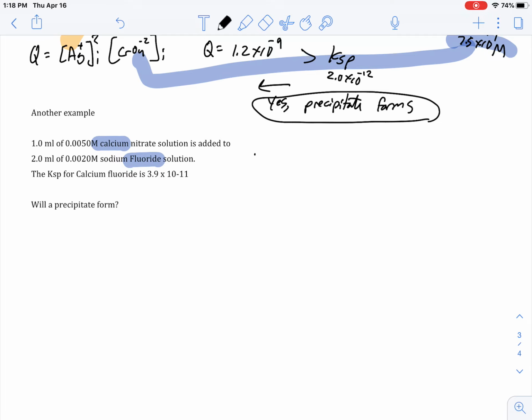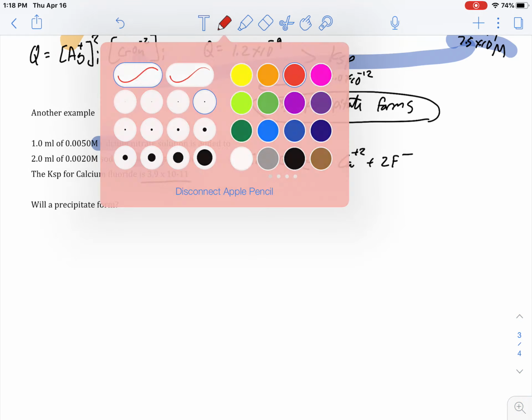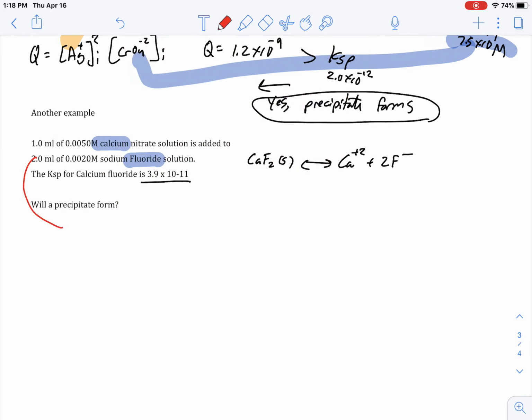So our equation will be the solubility equilibrium for calcium fluoride, like so. The KSP value here is given, and we'll be able to compare it. All right, so let's find our concentrations.